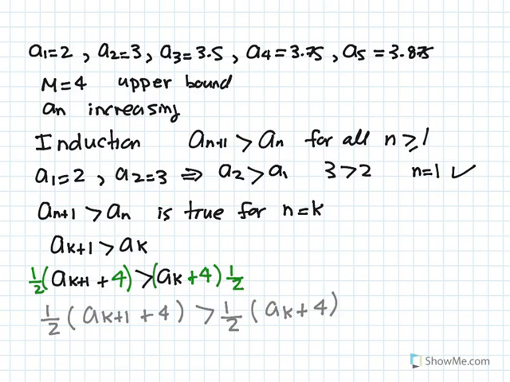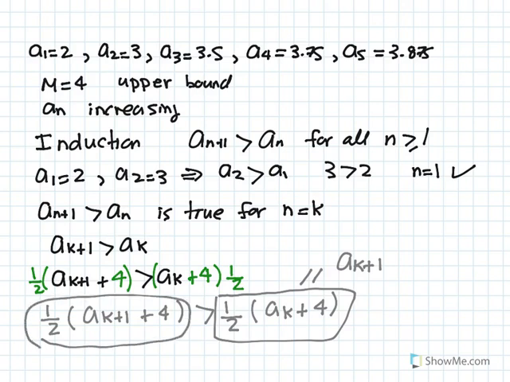Now, you will notice that the expression on the right is a_{k+1}. That's our recurrence relationship. a_{k+1} is 1/2 (a_k + 4). Increase the index by 1, this expression is a_{k+2}, because a_{k+2} is going to be 1/2 (a_{k+1} + 4).